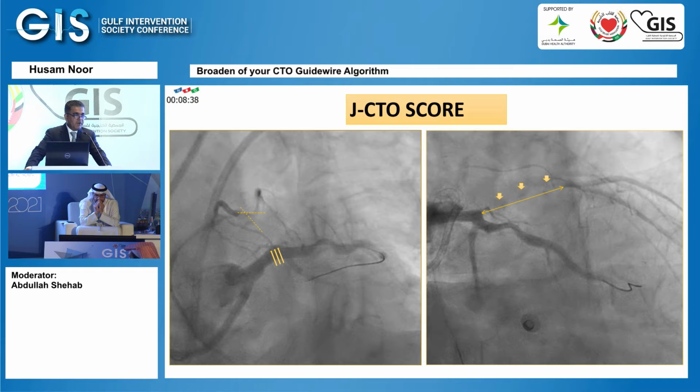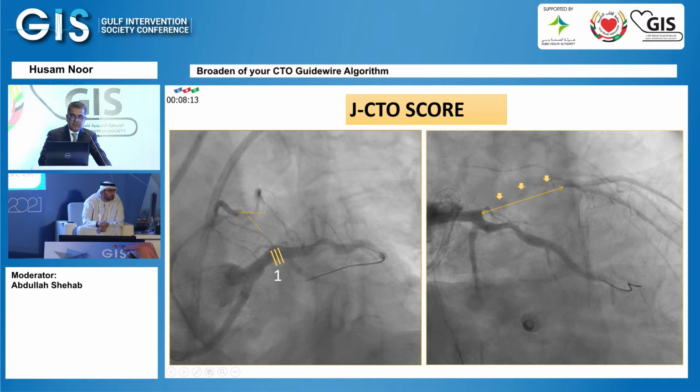So the first component of the JCTO score is the cap. The proximal cap. Is the proximal cap ambiguous or not? We know the LAD would come up somewhere in here. Whether it is here, here, here, we're not clear. So that's why we call this cap proximal.